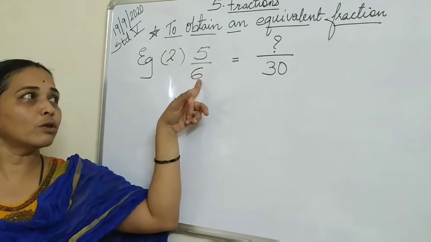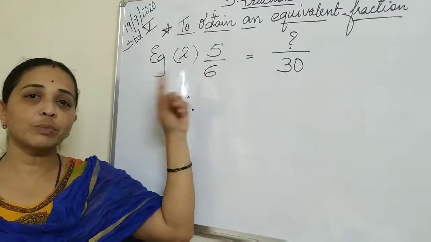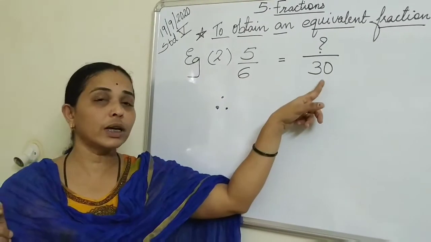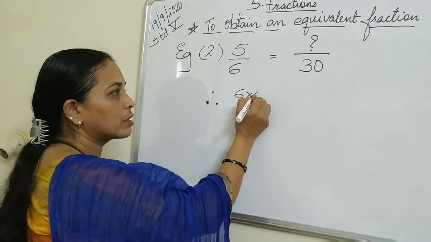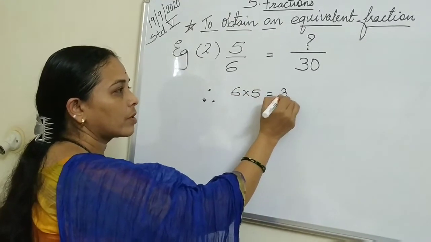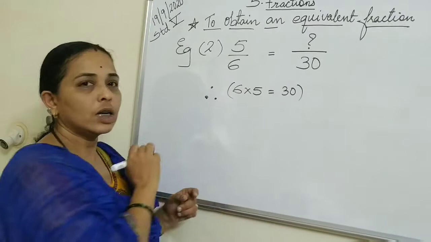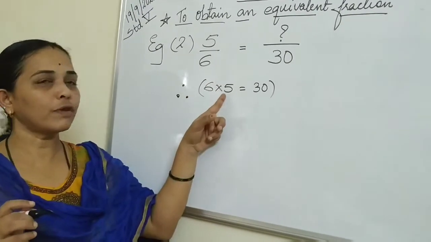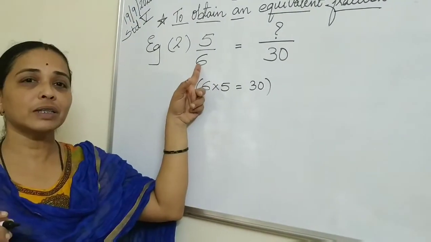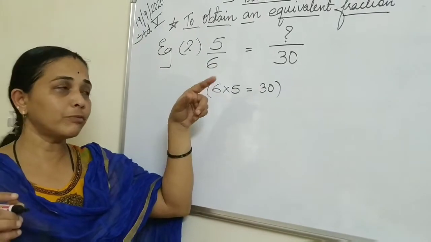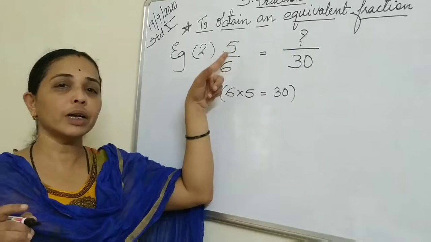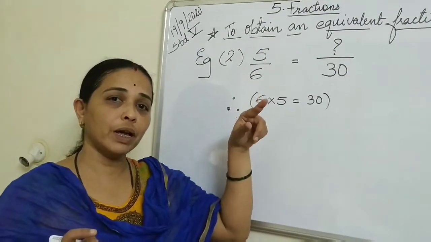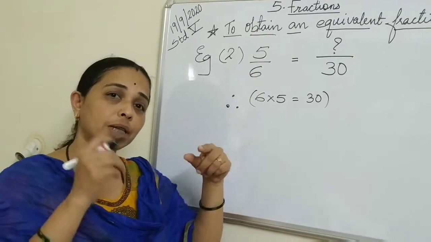Which number has to be multiplied with 6 to get 30? 6 fives are 30. So we have to multiply 6 by 5, and the same 5 we multiply the numerator by.